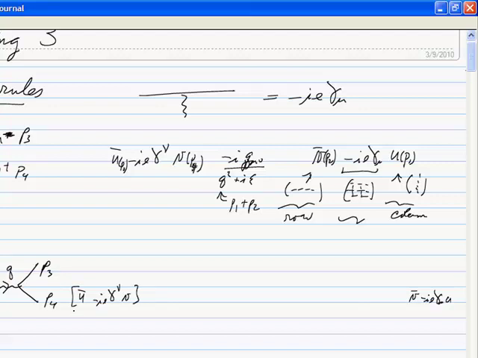So those guys are the same as before. I might as well squeeze in right here an integral d4k over 2 pi to the fourth. That's an unconstrained momentum, so it gets integrated over.